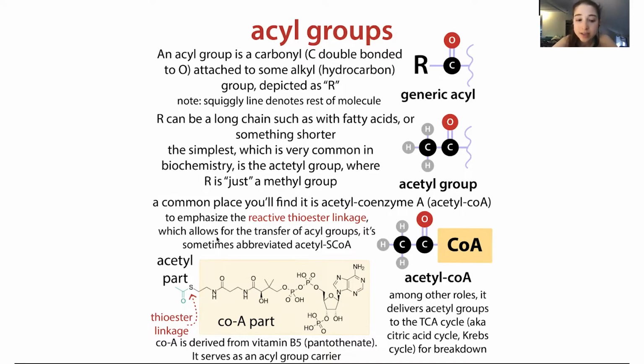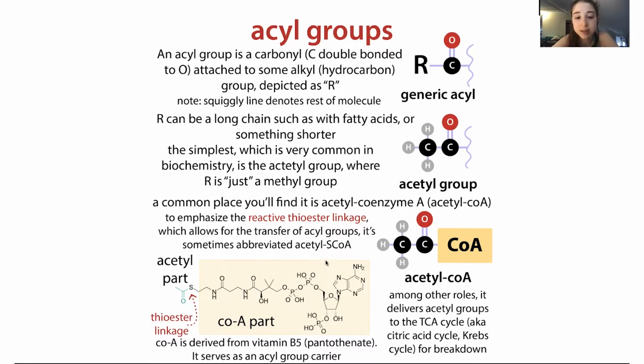This attachment is done through a thioester linkage, one of those functional groups where we have a carbonyl next to a sulfur and next to a carbon on the other side. And this thioester is reactive. So you can think about swapping this CoA, and whatever it was attached to, onto and off of things. So it's really helpful for being able to carry things around.